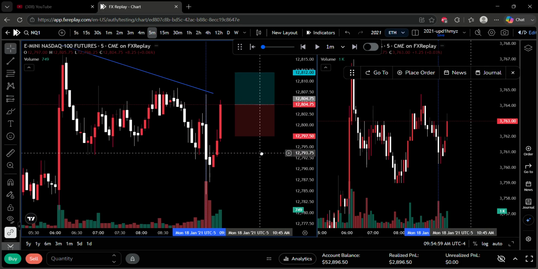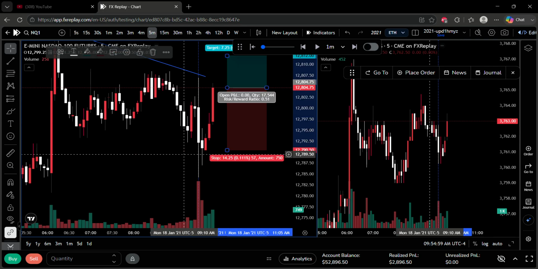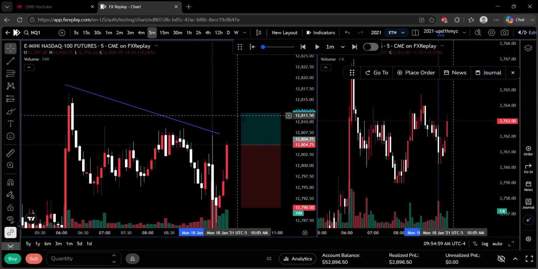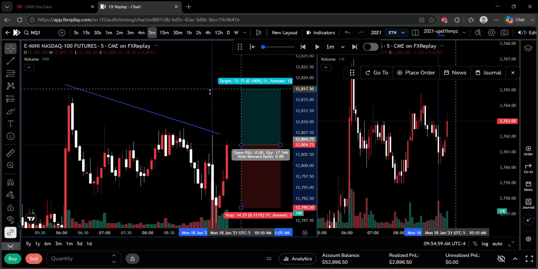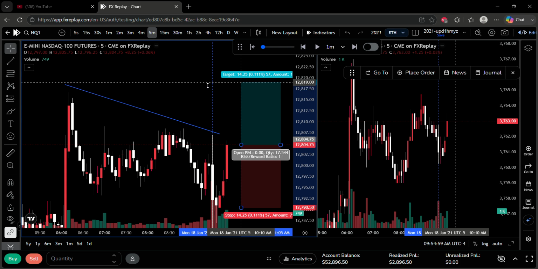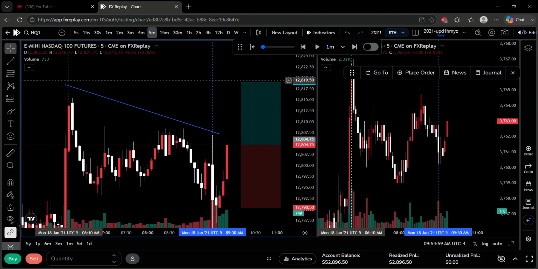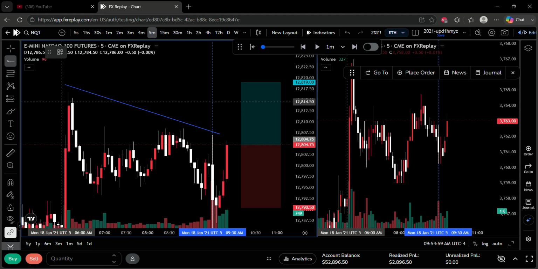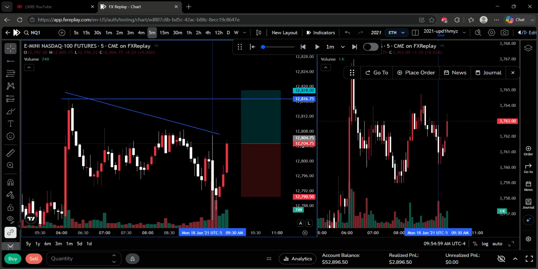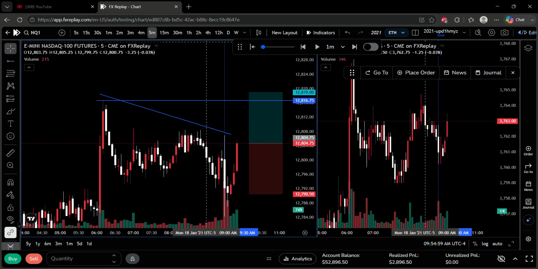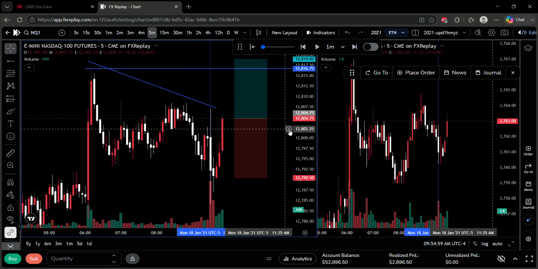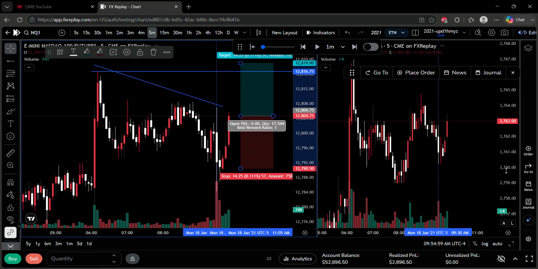There's like no key level that would take price lower. Here, I'll target a 1-to-1 and now I'll go break even at this high right here, just because it would be my draw on liquidity.